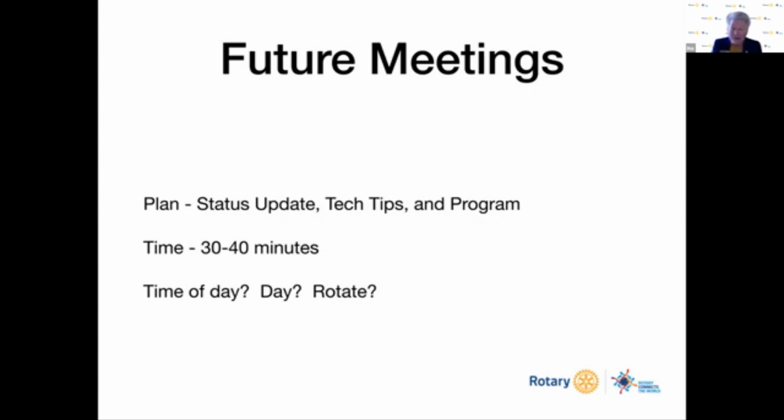This might be too early for folks. I picked the morning time thinking people would get the meeting done and be on their way with the rest of the day. Should we rotate meetings? So if you go ahead and type into chat, we'll gather that kind of information for our next ones.